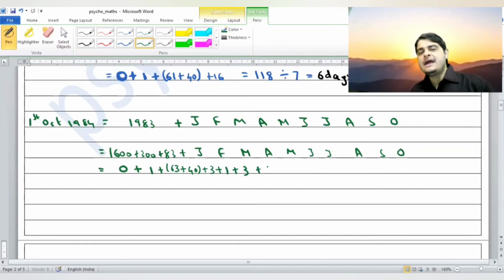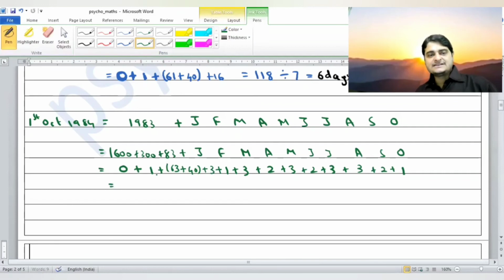March will be 3, April will be 2, May will be 3, June will be 2, July will be 3, August will be 3, September will be 2, and October, we are on the first date, so we will take it as 1. So just sum it up. 63 plus 1 is 64, 64 plus 40 is 104, 104 plus 7 is 111, 111 plus 7 is 118, 118 and 9 is 127.